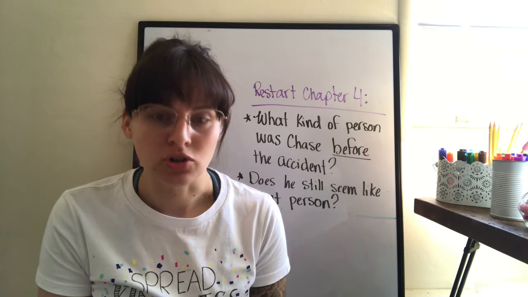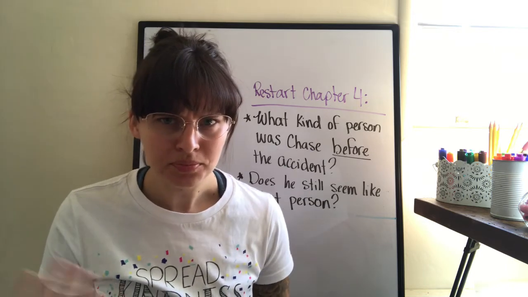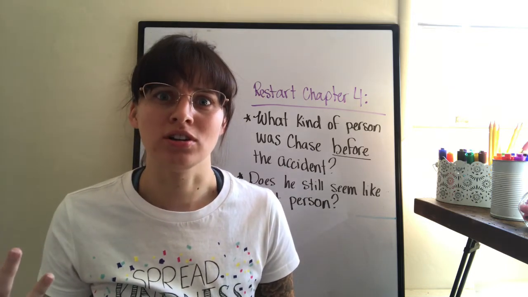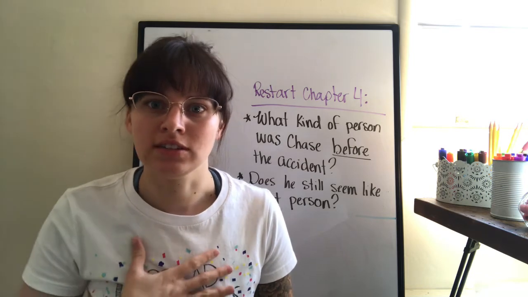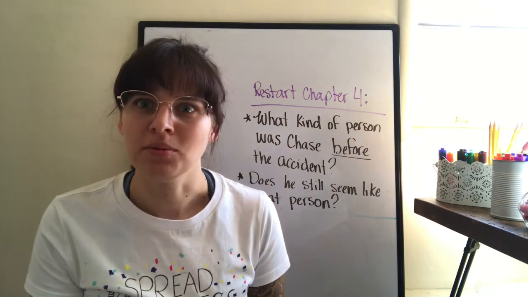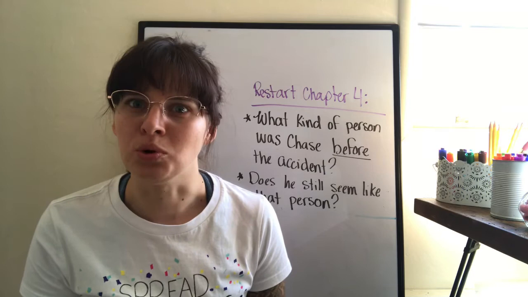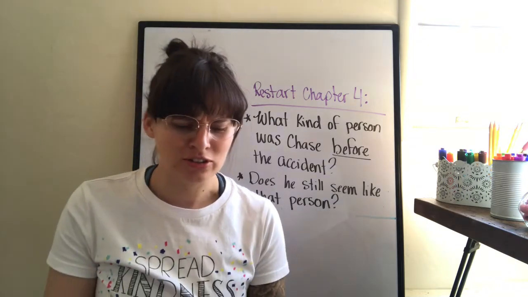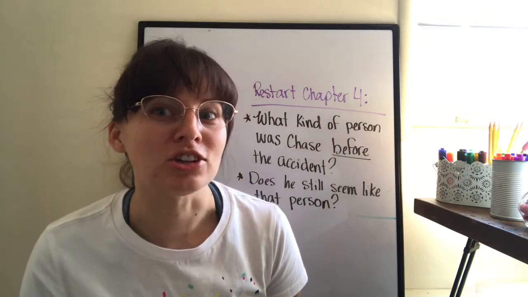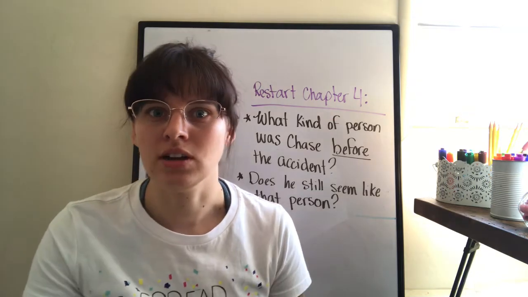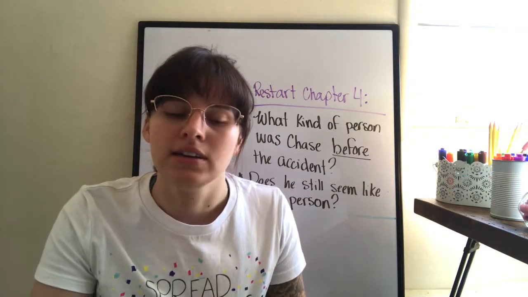We read about Shoshana, who tells us that he pretty much tortured her brother, who she considers to be her best friend. So some of you guys were saying that Shoshana was a bully, which I thought was really interesting, because to me, I'm thinking Chase was the bully and Shoshana was just standing up for her brother.